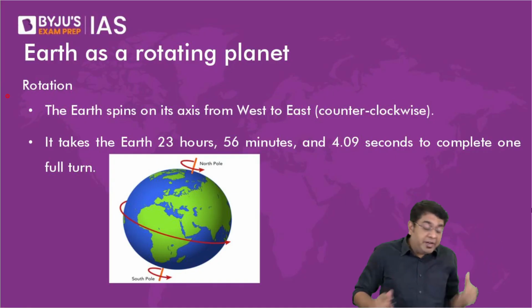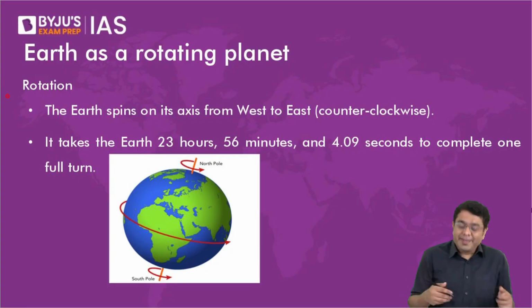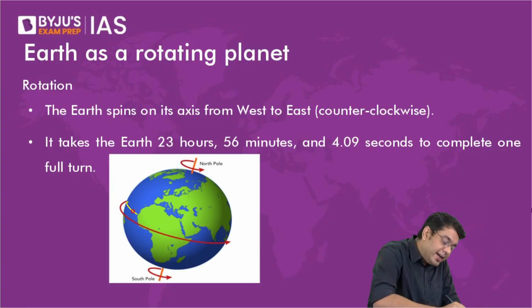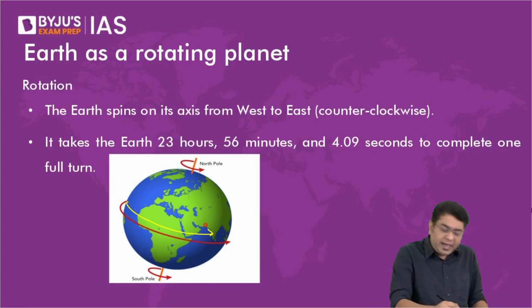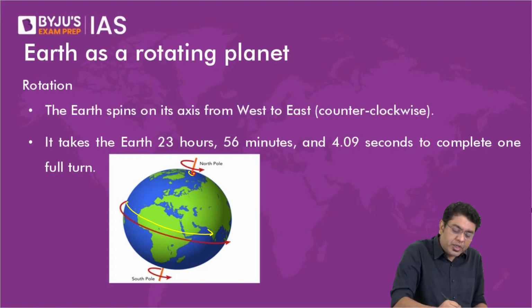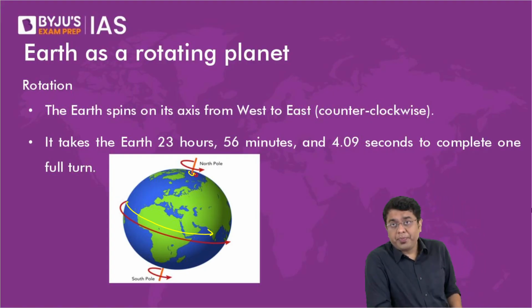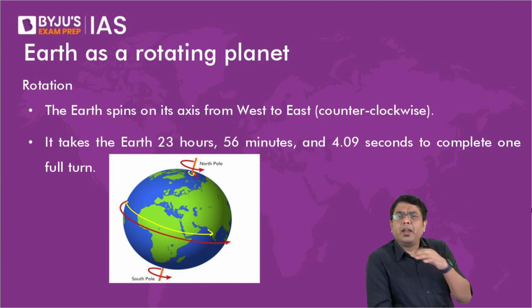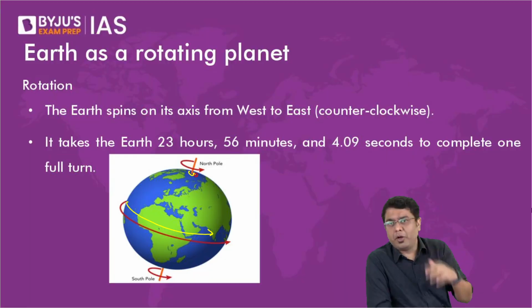So, when we talk about the rotation, the speed at which, let's say, the central point rotates, that is not the same speed as which the top point rotates. So, that is the speed of rotation. You will get the requirement or the importance of it when we come over to the portion of climatology.